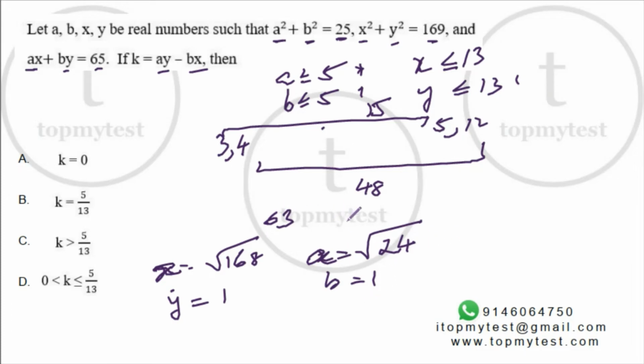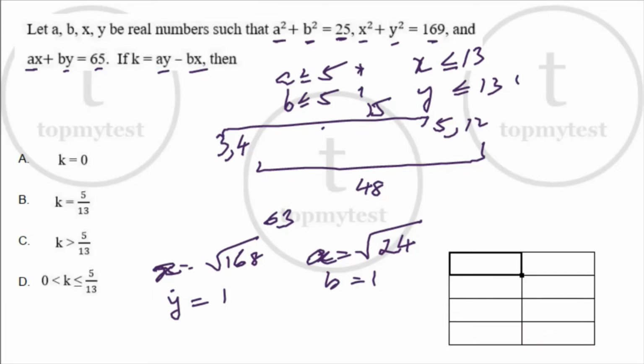Let's try it using a calculator. So if I take, say, one of the values, the total should be 169, right? If I take one of the values as 1, this will be square root of 169 minus this square, right?